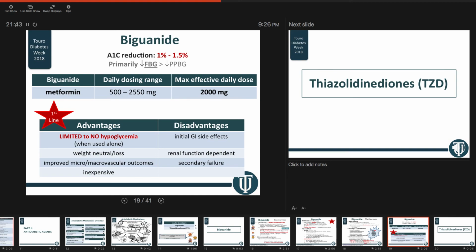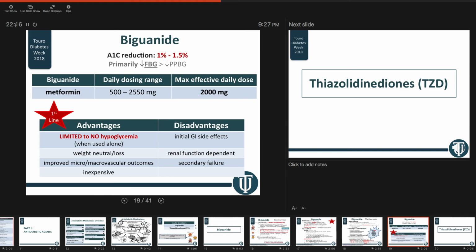So the dosing, we can dose up to 2550 milligrams daily, which is 850 3 times daily, but we don't really push to this high of a dose because we might not see any benefit, and what we get would be more side effects. So for that reason, we usually keep the max dose 2 grams daily.